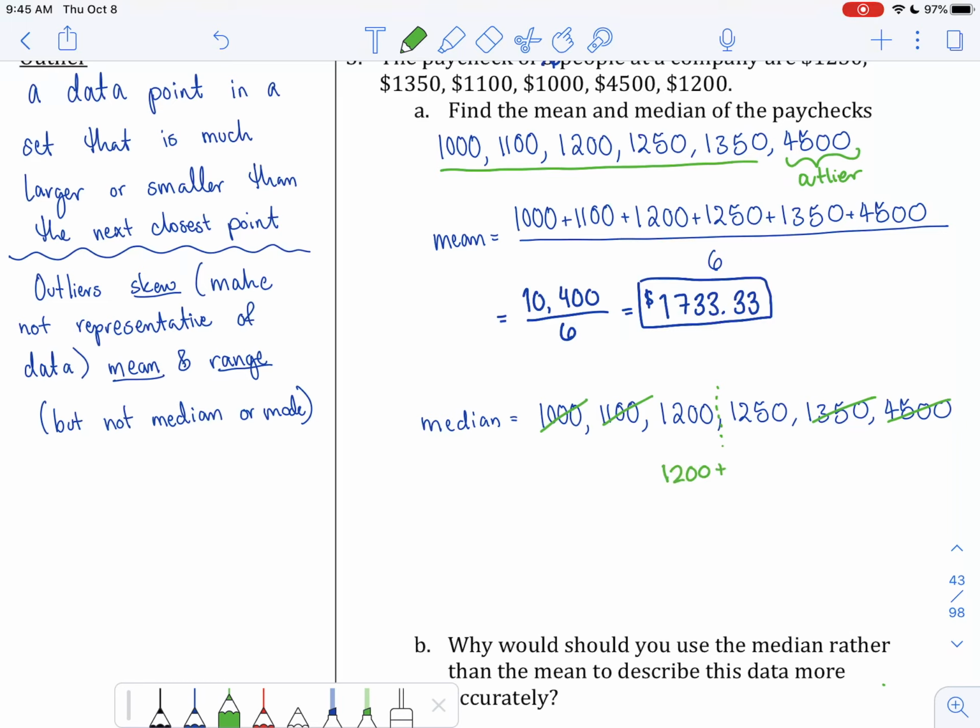So 1,200 plus 1,250 over 2 is going to be our actual median. So in this case, the median would equal $1,225. Make sure you're including units in these problems.